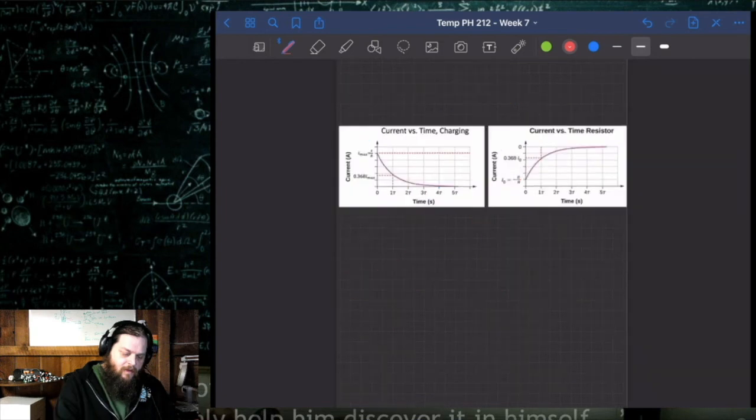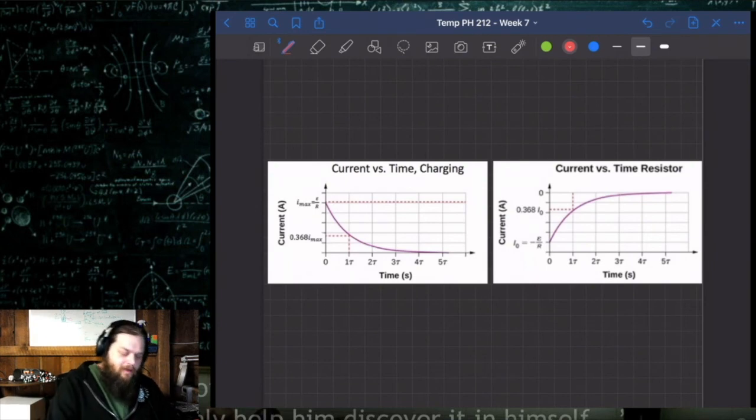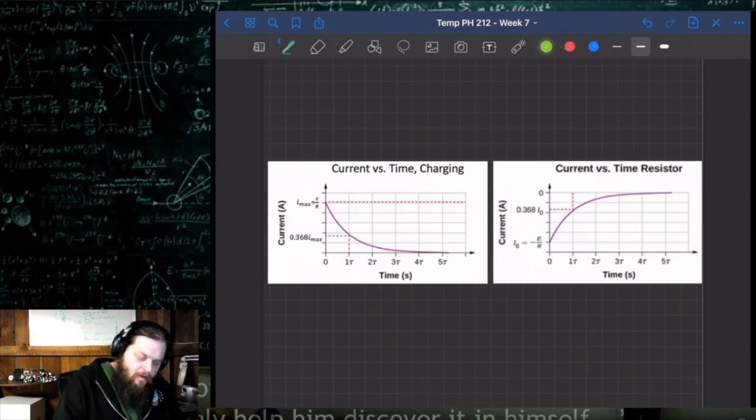Same idea with current. The equations are a little bit different for current, but it's really a very similar idea, where we have an exponential decay and an exponential growth, essentially. Or I guess it's a logarithmic growth. So for charging, this one's going to be charging current, and discharging.